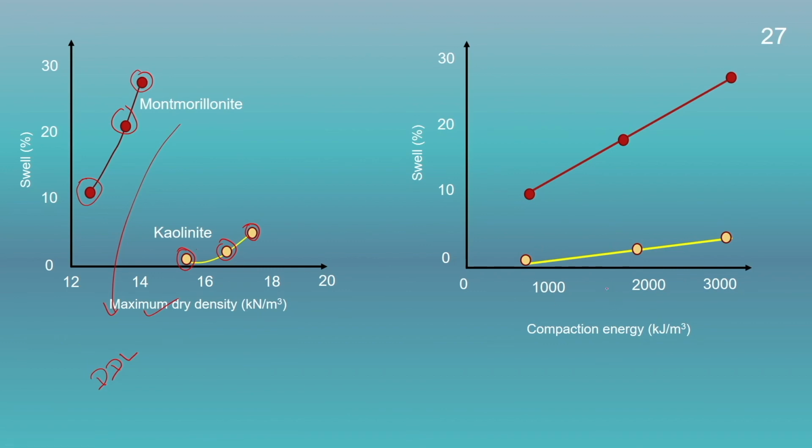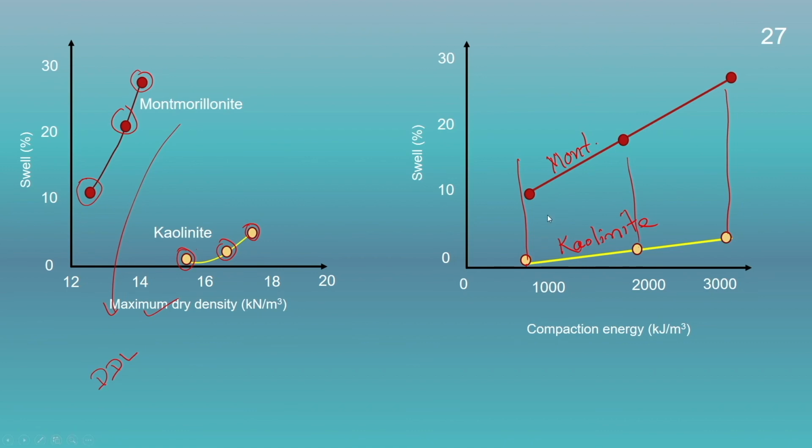Now, if we compare the swelling potential with the compaction energy, we could see that for the same compaction energy, the montmorillonite will swell to a higher value in comparison to the kaolinite, and with the increase in the energy, the difference between their swelling tendency will keep on increasing.